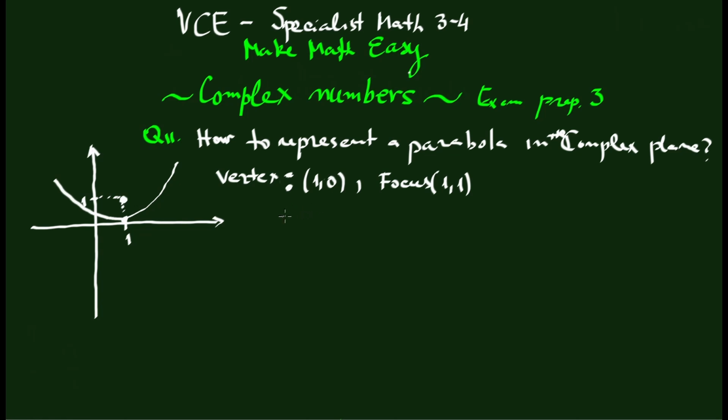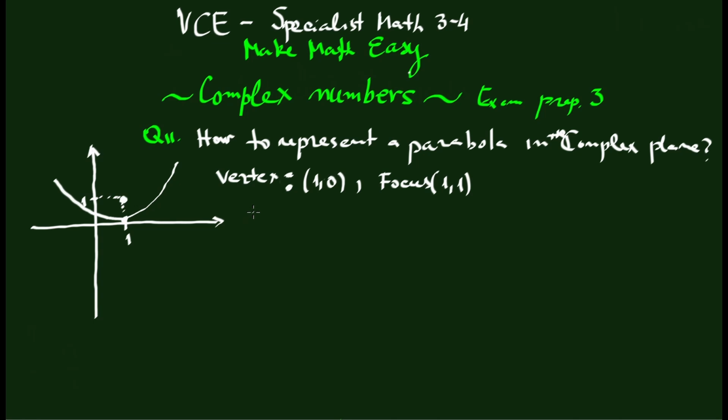So we know the definition of the parabola. It says that it is a set of points equidistant from the focus and the directrix. So where is the directrix here? So let's first write the equation.